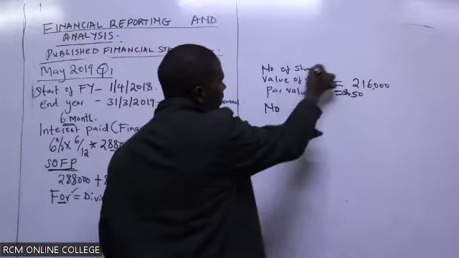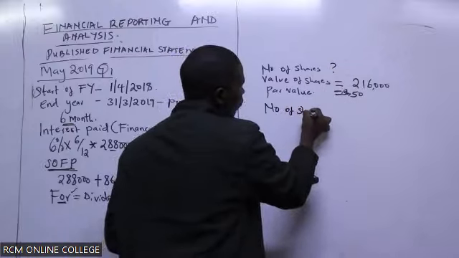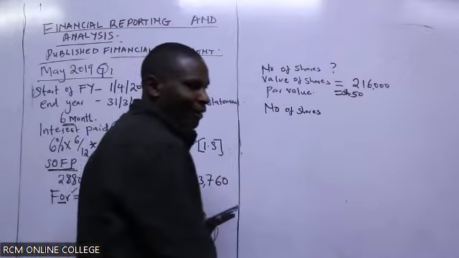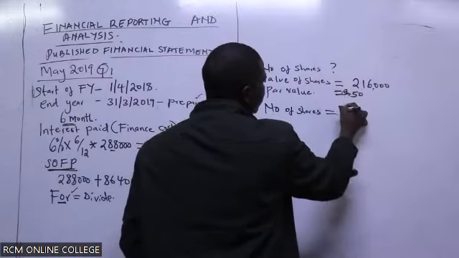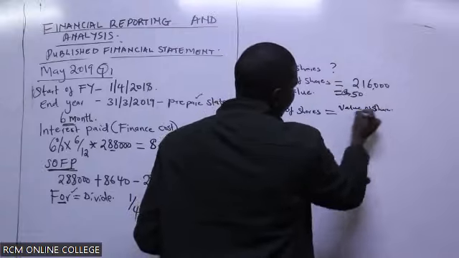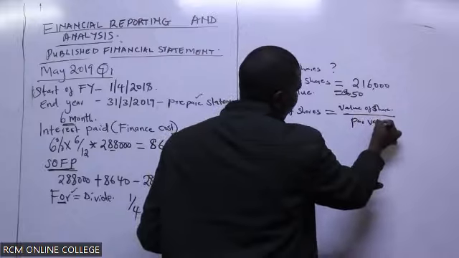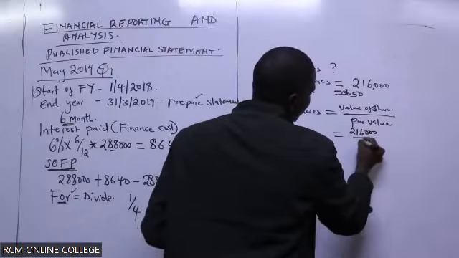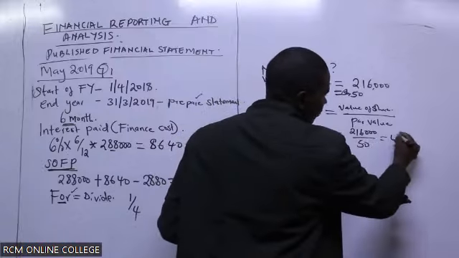Can you get for me the number of shares now? You will have sorted this out for any question that comes with the issue of shares. To get the number of shares, it is value of share divided by par value, which will be 216,000 divided by 50, and people are giving me 4,320.